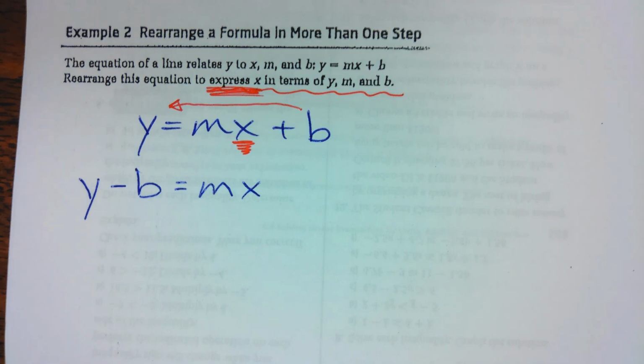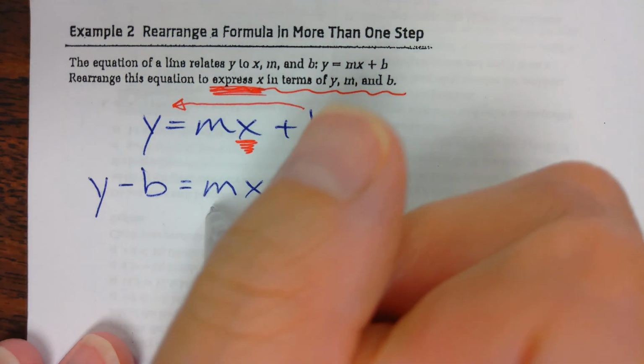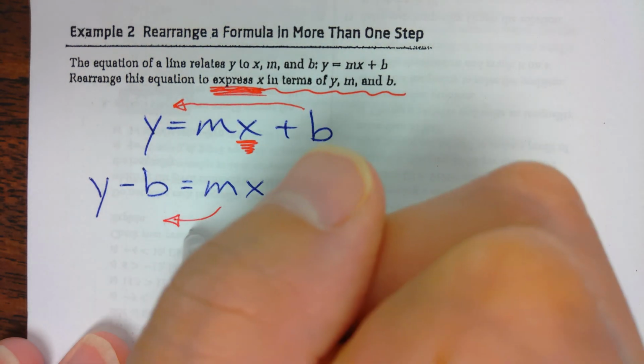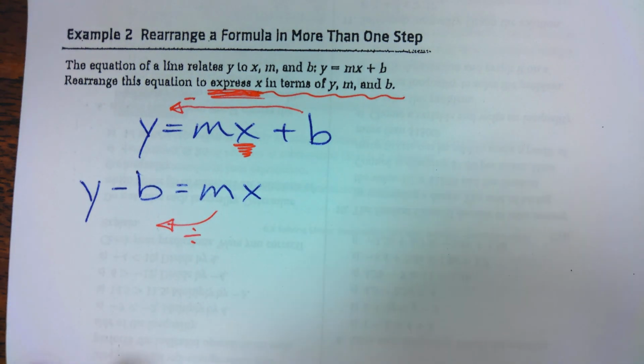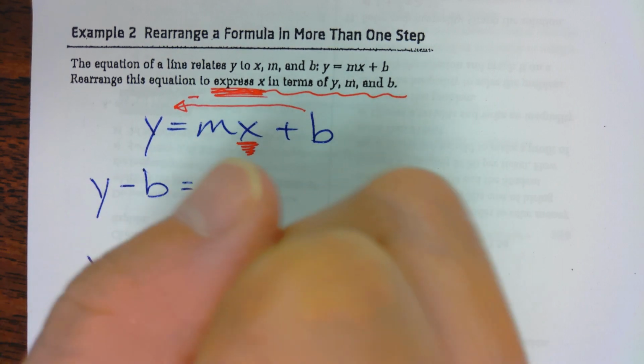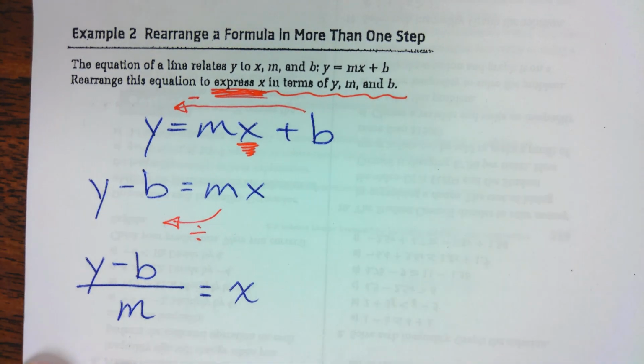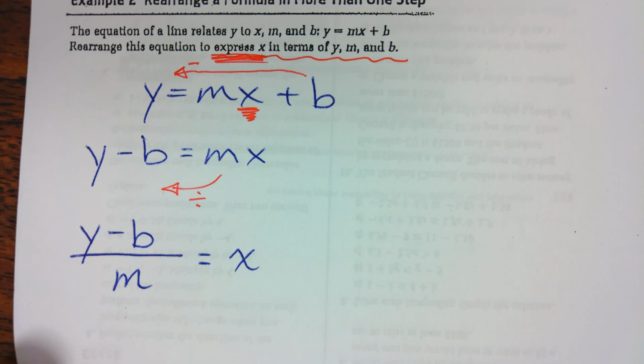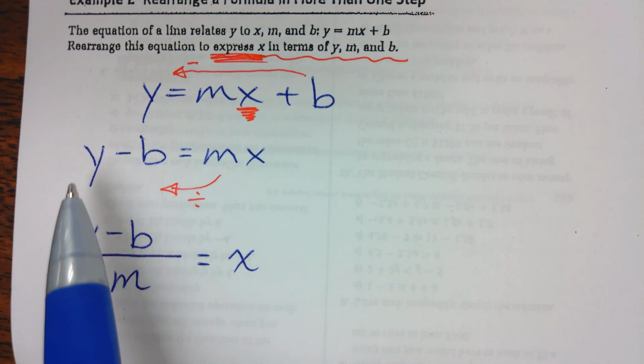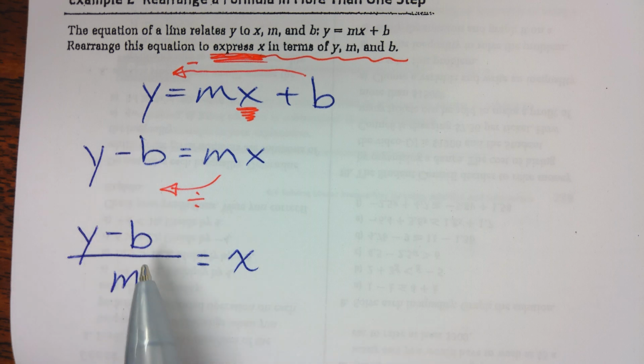And then last step, you divide it by m, so x is equal to y minus b over m. So y minus b all over m equals x. When you divide, remember you're dividing the whole expression right here. So that's why you put it over everything.